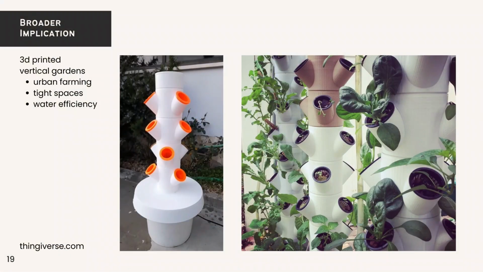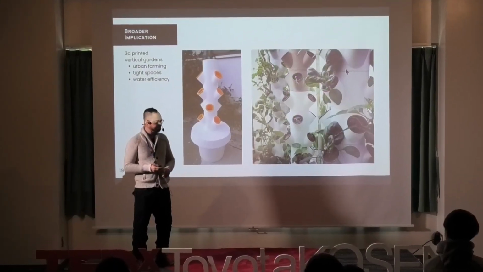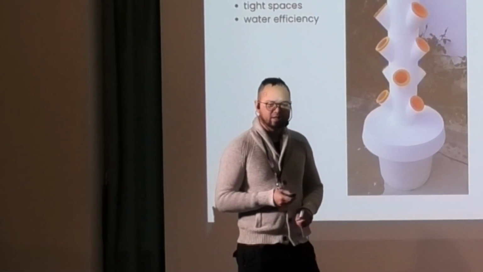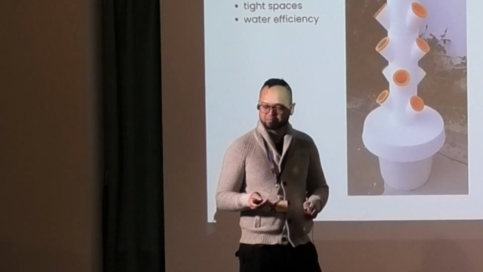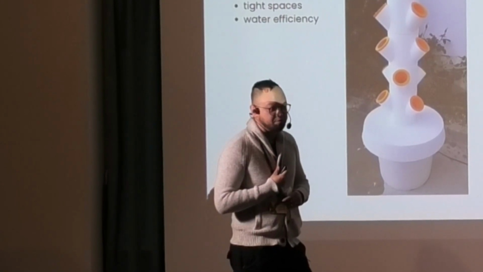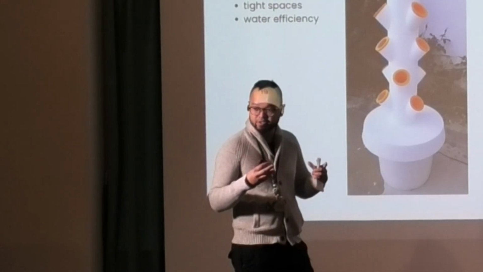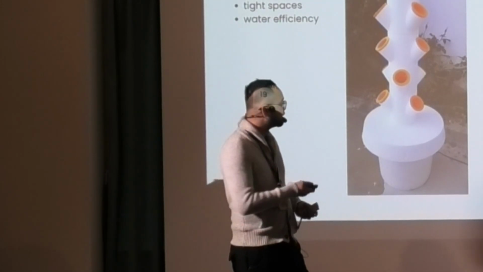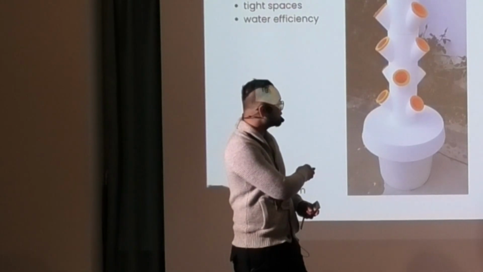So now 3D printing is in everybody's life. Imagine that you're living in a city, but you want to have a garden, or you want to do some kind of farming, but you're restricted. One of the ways to overcome that is to go online and buy these 3D planters.